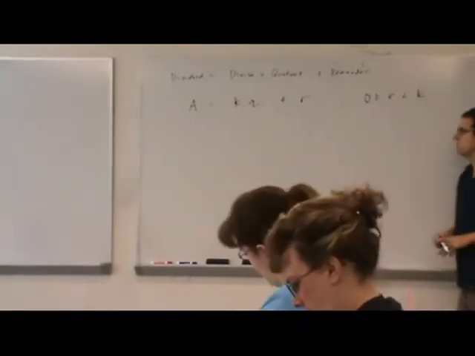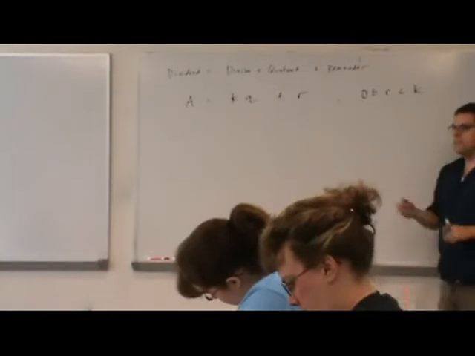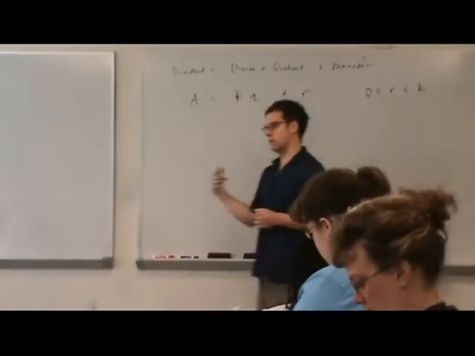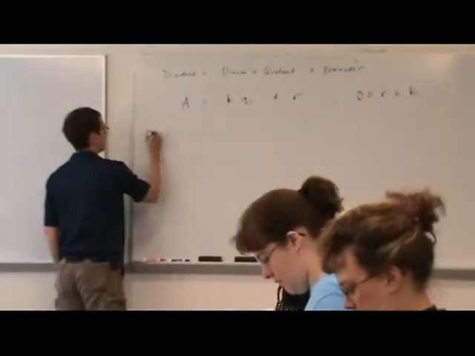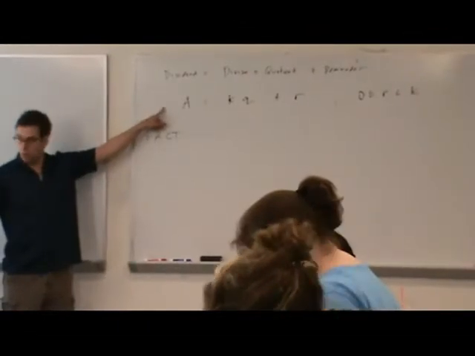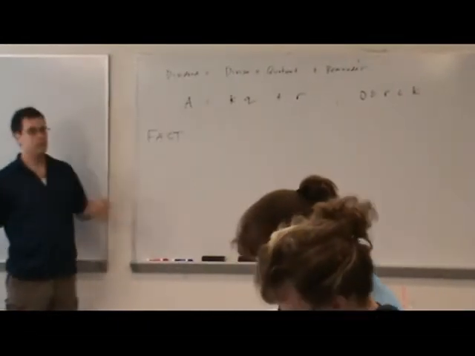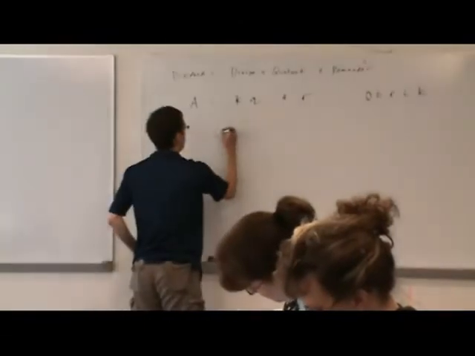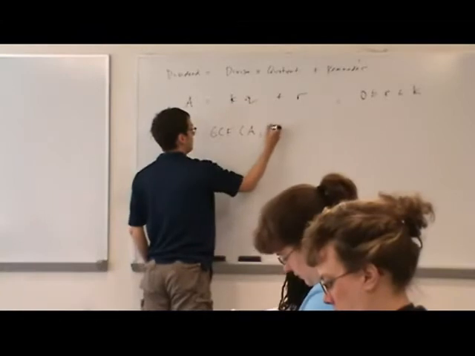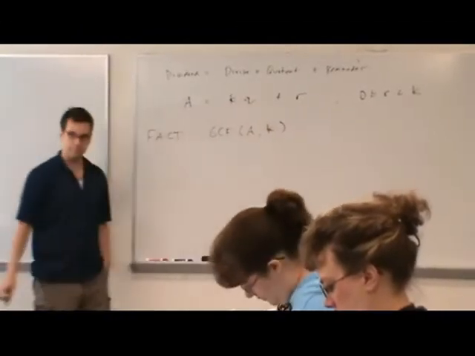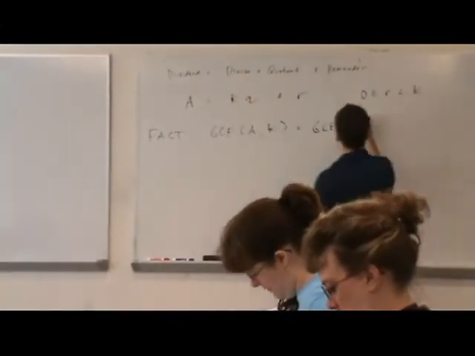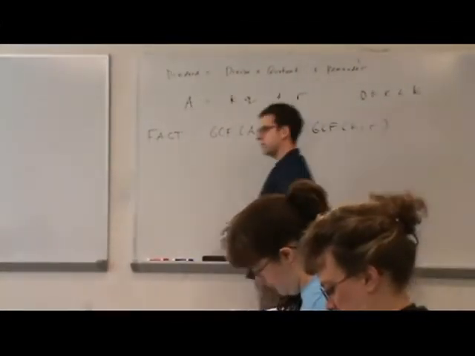So, the key fact, the fundamental truth that makes Euclid's algorithm go, is the following. When you can do this, and you can always do this, it turns out that the GCF of the dividend and the divisor is always identical to the GCF of that same divisor and the remainder you get upon division.